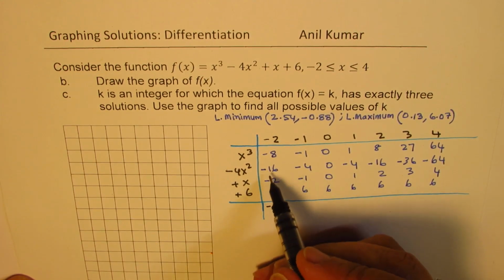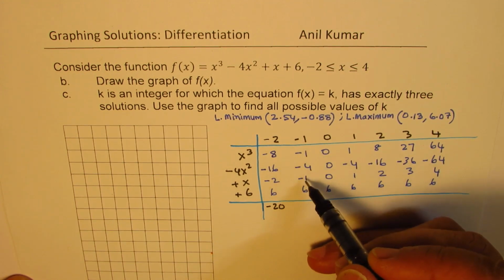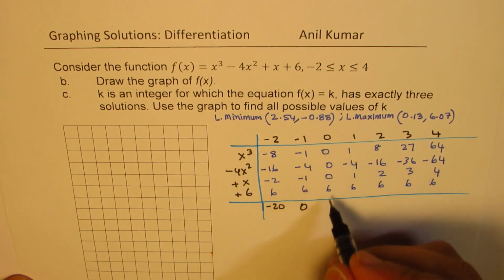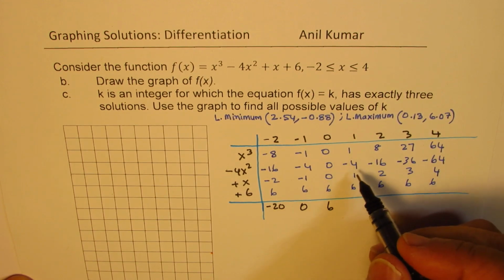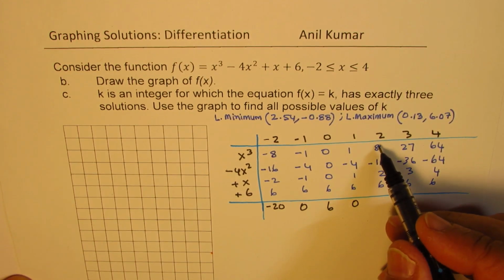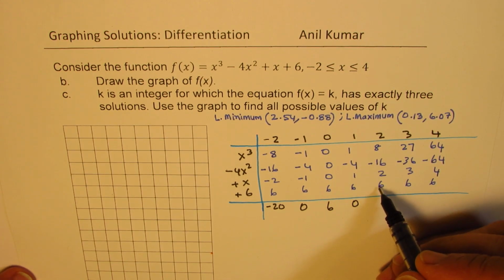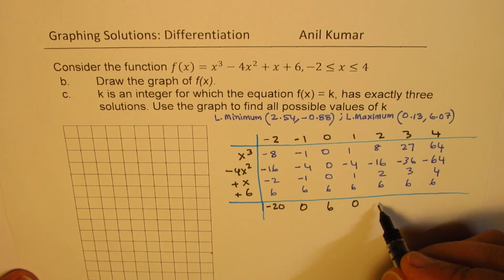Right? So 6 and 6, 10. Now in this case, we got minus 6 and 6, that's 0. Here we get 6. Here we get again 0. In this case, 8 and 2 is 10, and when you take away this, you get 10 minus 10, so that is also 0.